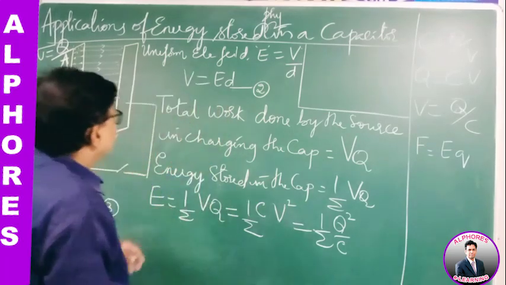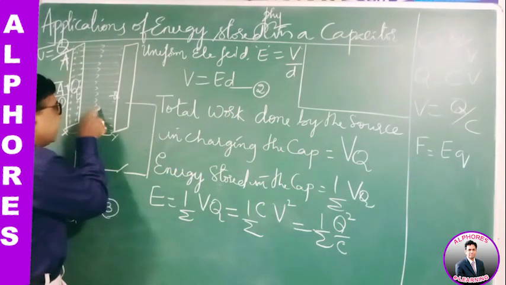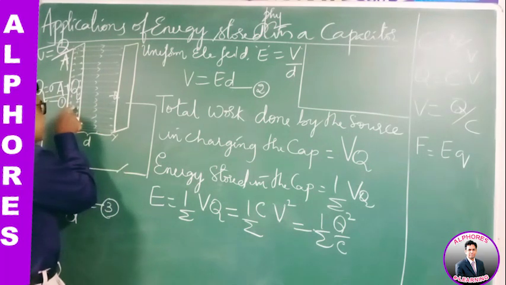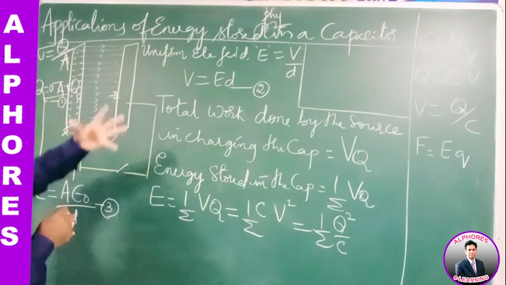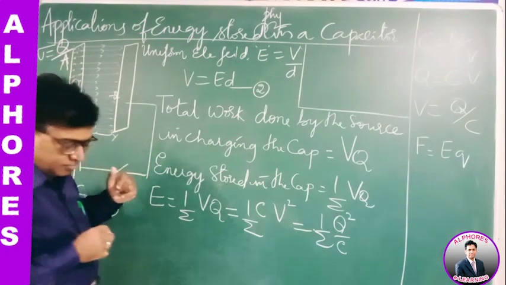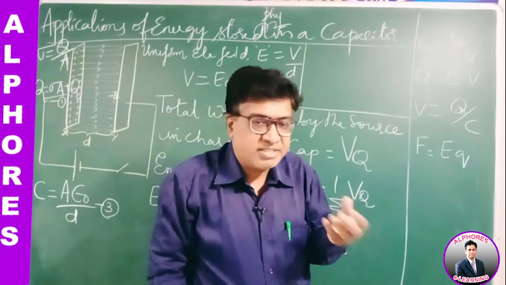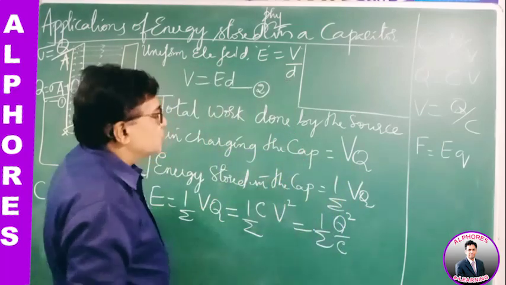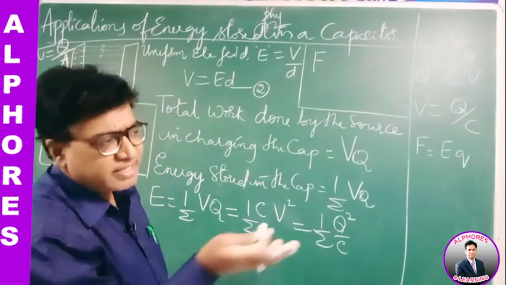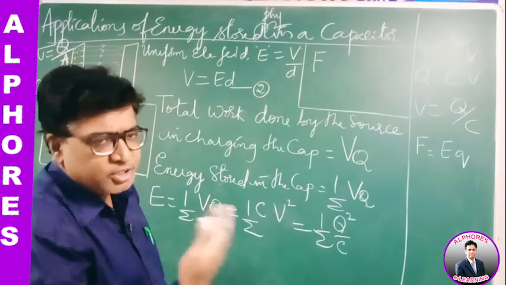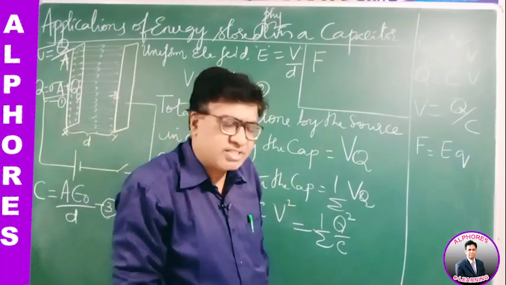Now, the electric field E is produced by this charge, and in that field there is minus Q being placed. Positive, negative: unlike charges attract, like charges repel. So there is a force of attraction. The force experienced by the negative plate is the same as the force experienced by the positive plate. It's a mutual force, an action-reaction pair, Newton's third law.